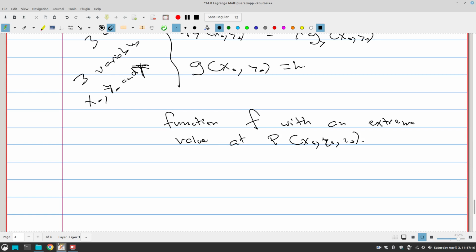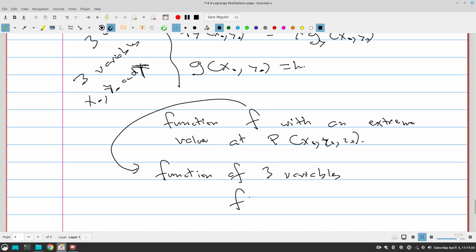And of course the function f is a function of three variables, meaning it takes you from R3 to R.